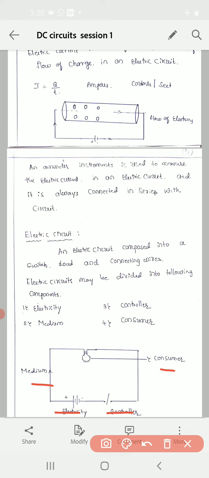It is making one closed electric circuit. Electric circuits may be divided into the following components: electricity, medium, controller and consumer.